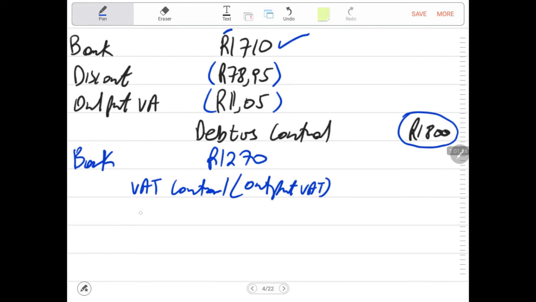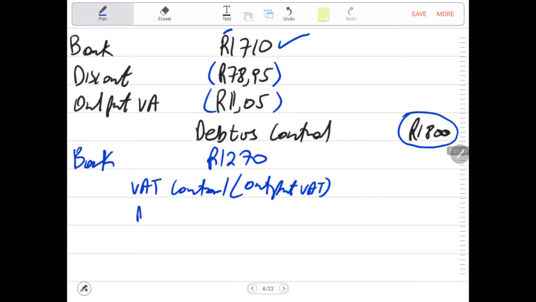Then we have our income that we received, which we normally record as asset disposal, not necessarily as sales. Normally we capture that as asset disposal, but I'll just write furniture that has been sold.